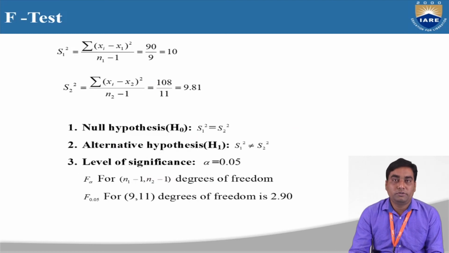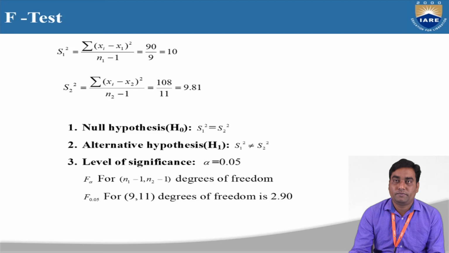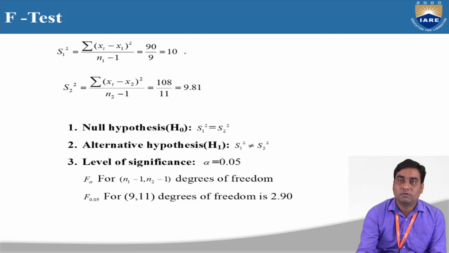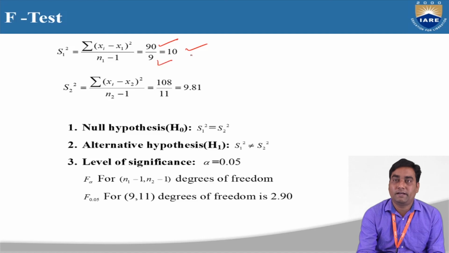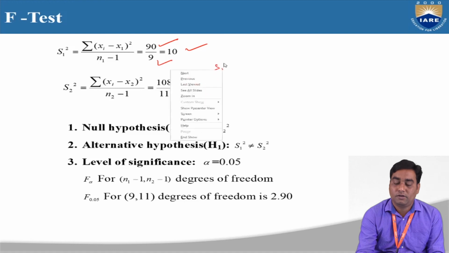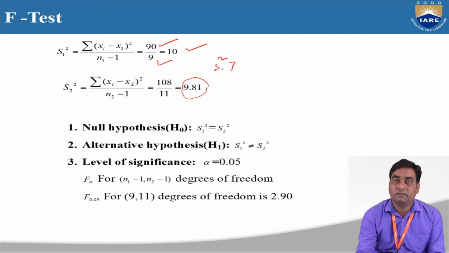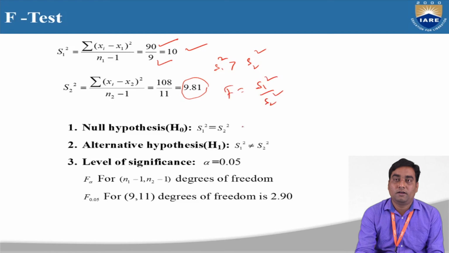Now we are going to do this problem using the F-test. For S1 square, the numerator, the sum of squares of deviation from the first mean, 90, is given, and for the second, 108. So S1 square is 90 by 9, which is 10, and S2 square is 9.81. So S1 square is greater than S2 square, and we can use F equals S1 square by S2 square. Now we set up the null hypothesis: there is no difference between two variances.